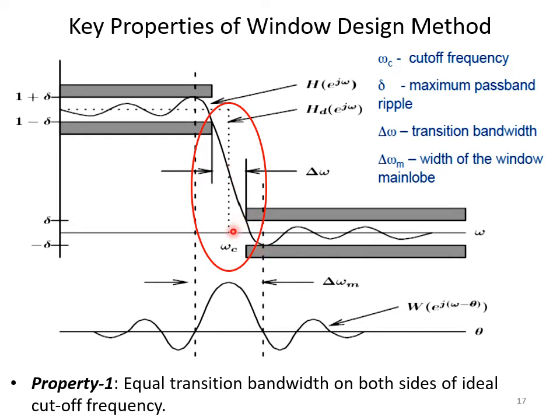So omega c is exactly at the midpoint of the transition band. So if you know the upper corner frequency and lower corner frequency, find omega c by adding the upper and lower corner frequencies and dividing by 2, which is the midpoint.